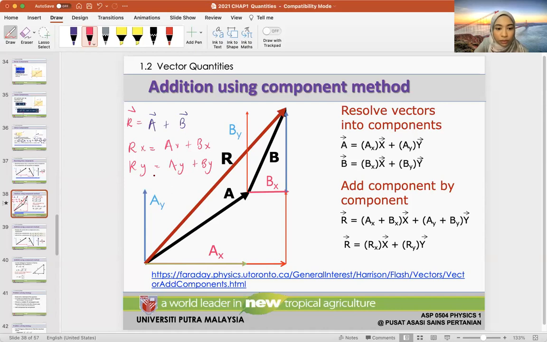Now that we know we have to add Ax and Bx, Ay and By, I can add them by the graphical method, or I can just add the values together. For components, just use values, don't draw, it's troublesome. So Ay and By, it looks like this if I'm adding them together.